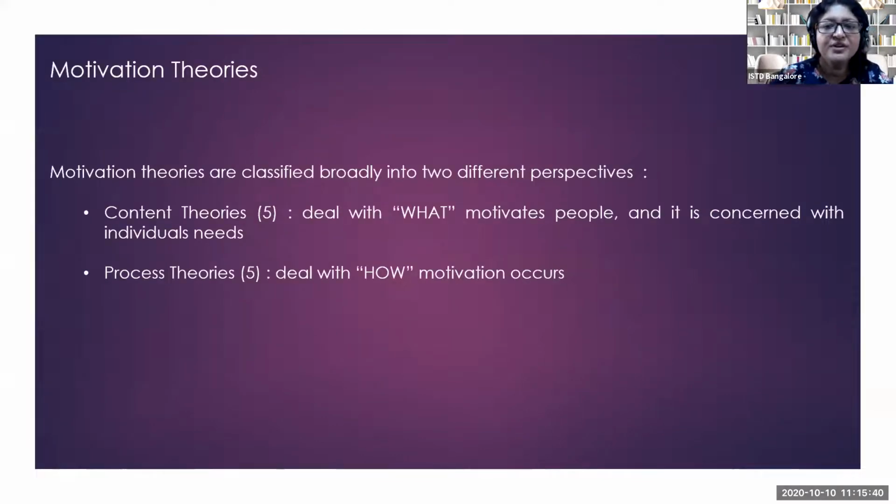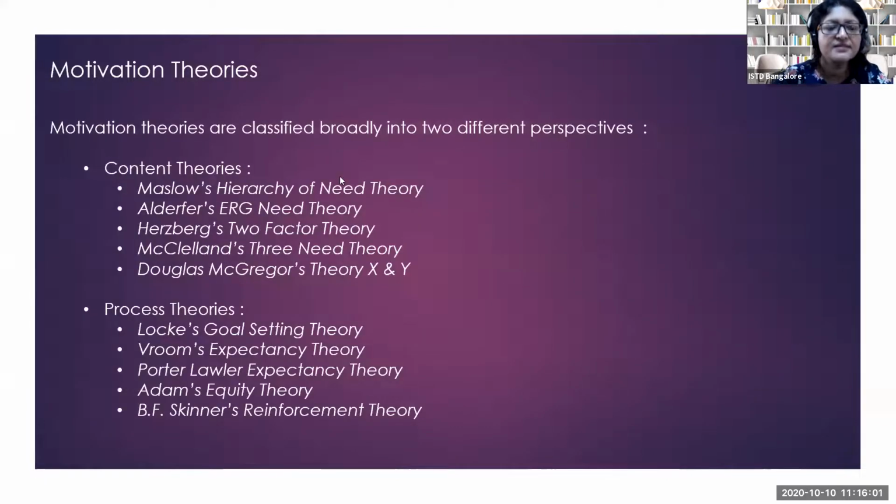Okay, so what motivates people and how people get motivated are two very important things when we talk about motivation. So how we get motivated and what motivates us. When we say what, it includes the content, and how includes the process. So what are those content and process theories?